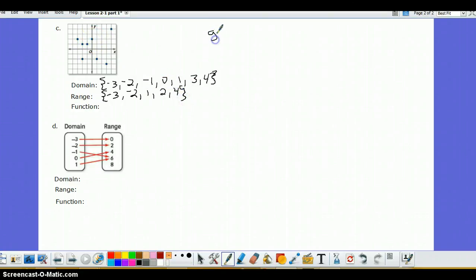Now, with a graph, we use what we call the vertical line test.